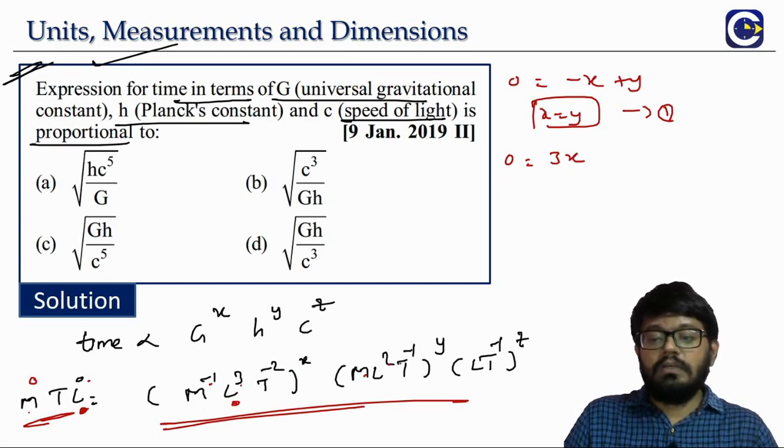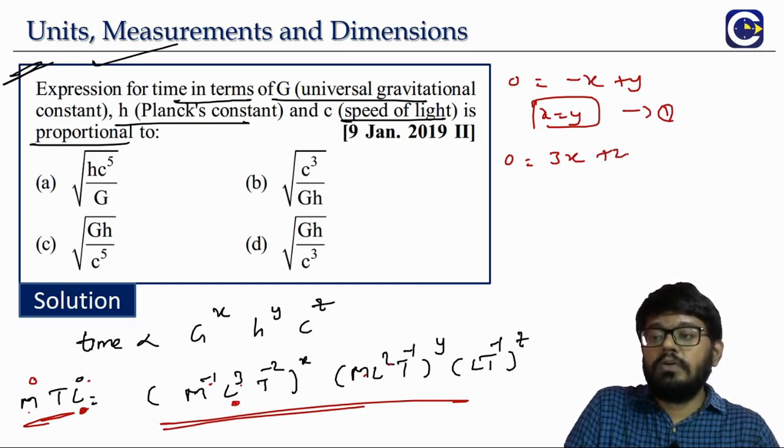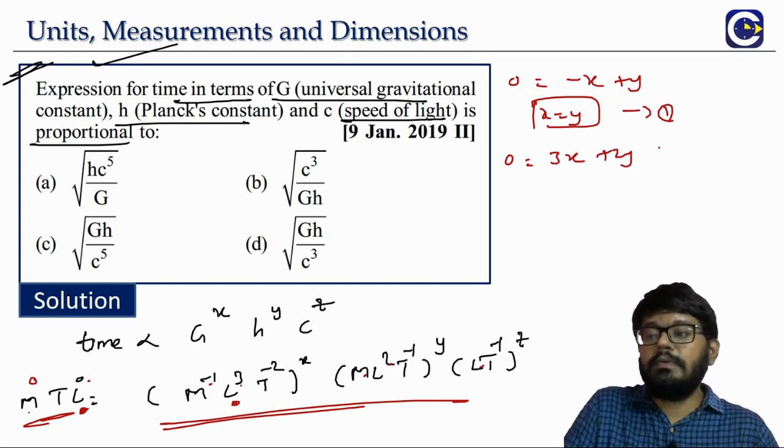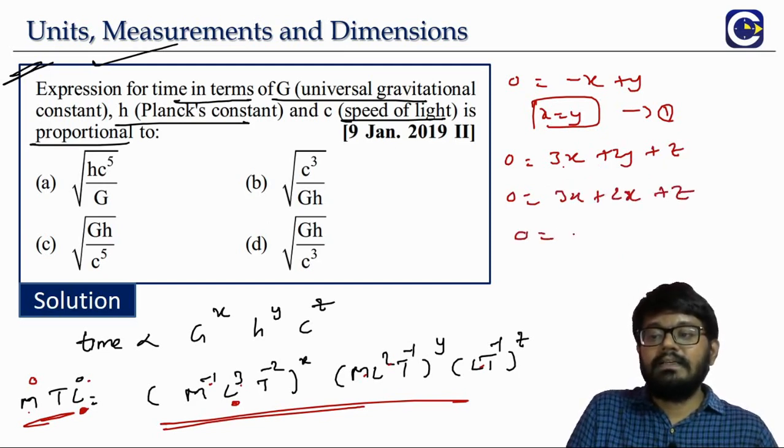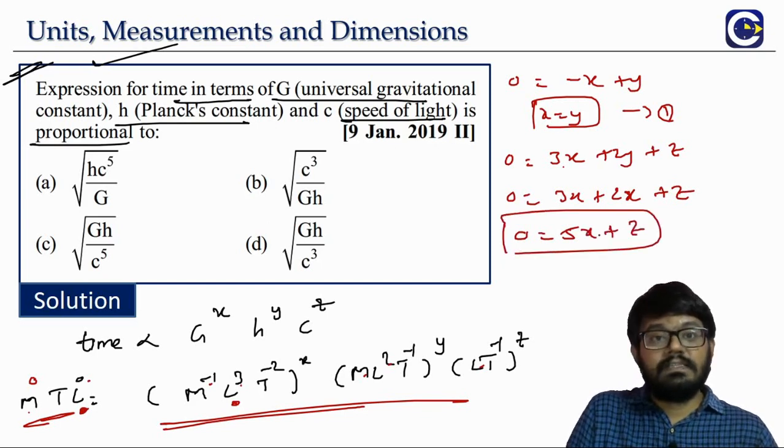L square whole power y gives 2y. And this is L power z. So 0 is equal to 3x plus 2y plus z. Since x is equal to y, we can substitute y with x: 3x plus another 2x, so 5x plus z is equal to 0.